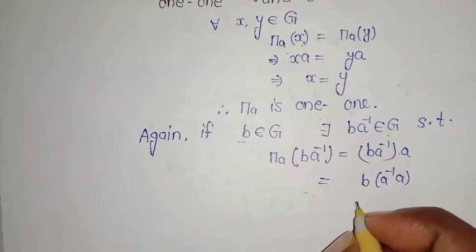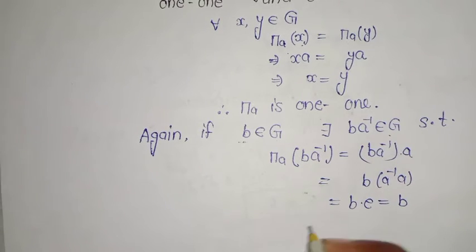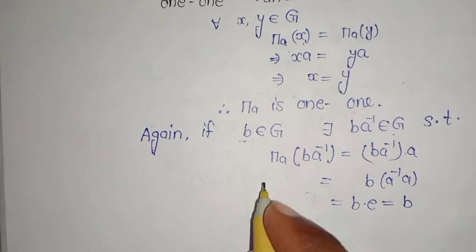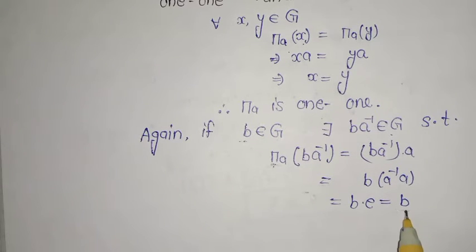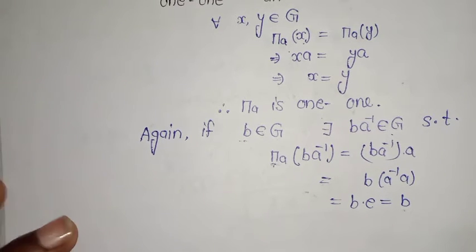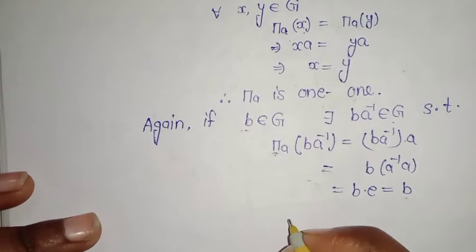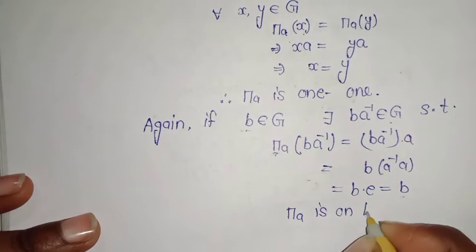This is the identity, so we get b e, which is b. So the pre-image of any element exists in G, and we can say that pi_a is onto.